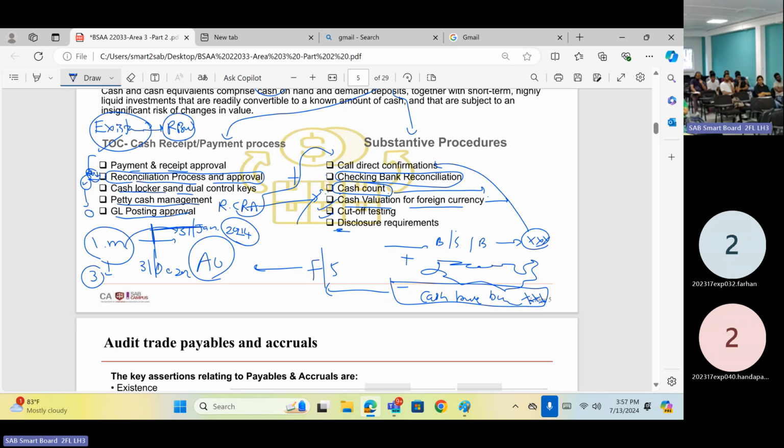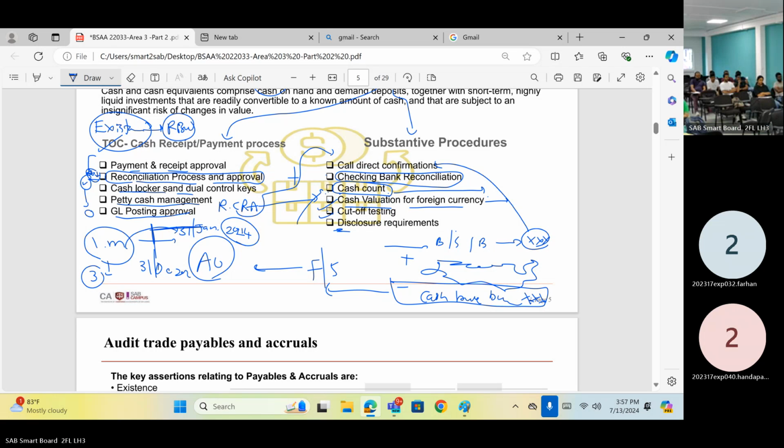It's not a cash transaction. That should be separately disclosed, right? So the investment activities and different activities should be disclosed. If there are any pledged cash balances, you need to disclose. Or foreign currency conversion rates, you can disclose.